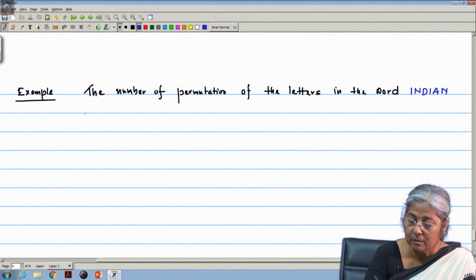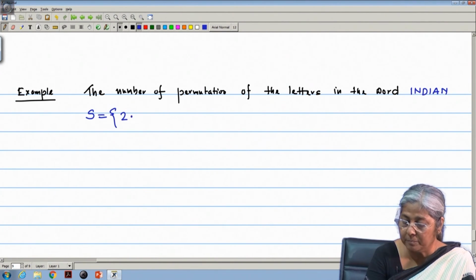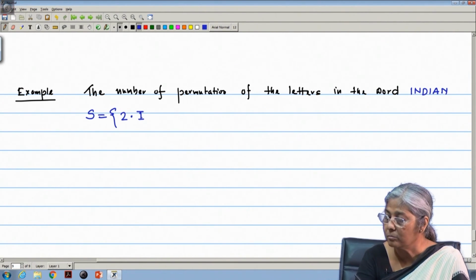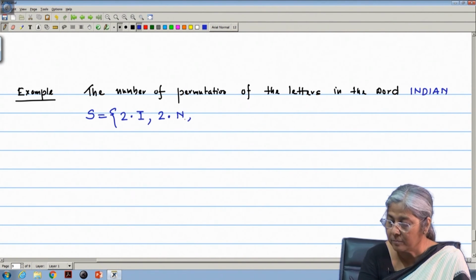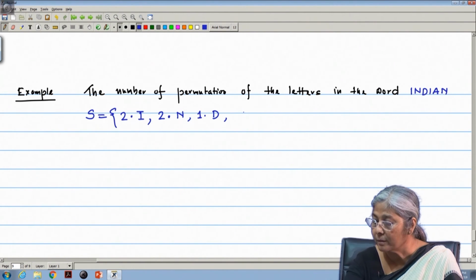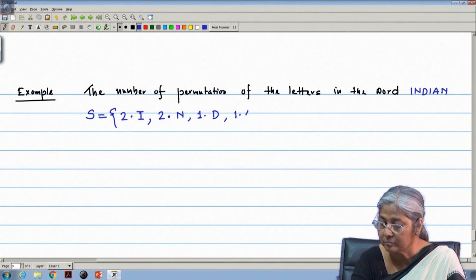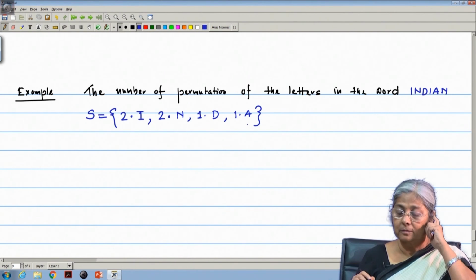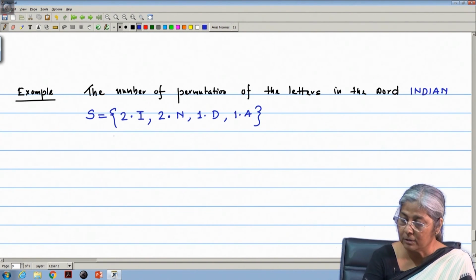So, here if I consider the set S, then I repeats 2 times, N repeats 2 times, then D repeats only 1 time, A repeats 1 time. So, this is my multiset, and the size of S is 6.